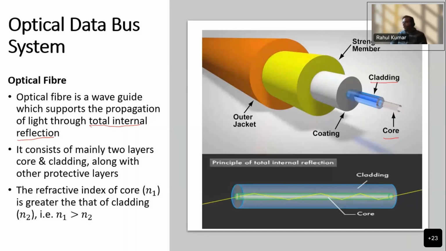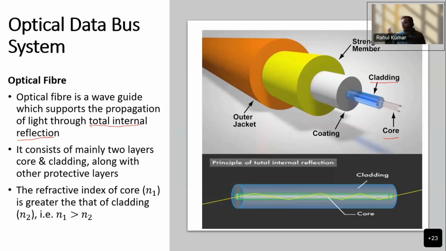Of course, you have other protective layers, because your optical fibers are made out of glass, and they are very thin, in micrometers.